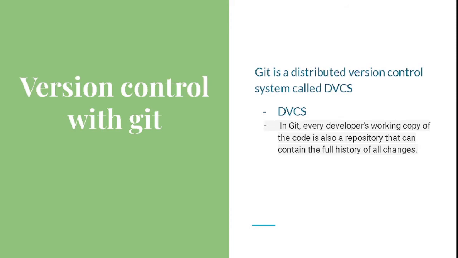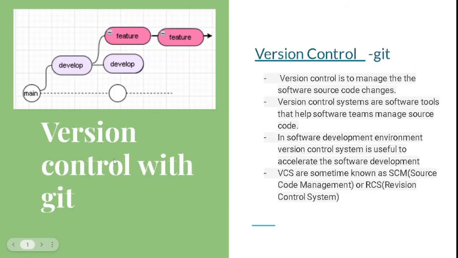For the first slide, I have written some more things. Version control systems are software tools that help software teams manage source code. It means that the software teams are managing their code using a version control system. In a software development environment, a version control system is useful to accelerate software development. How is the acceleration done?